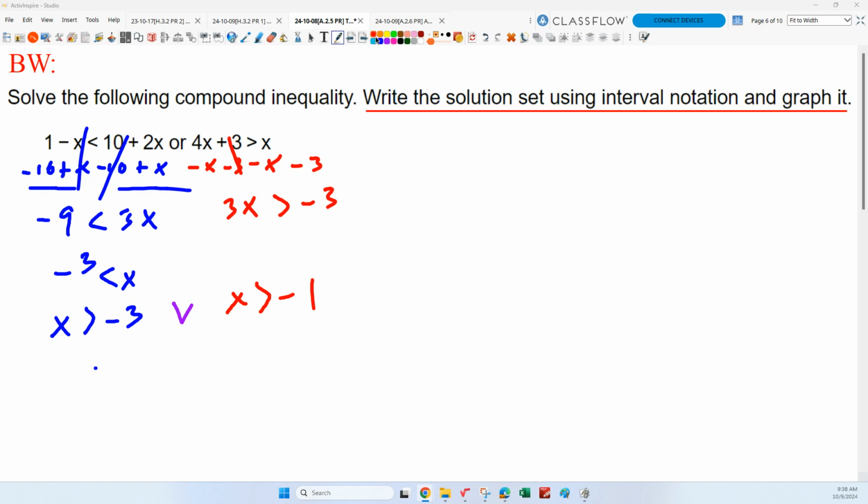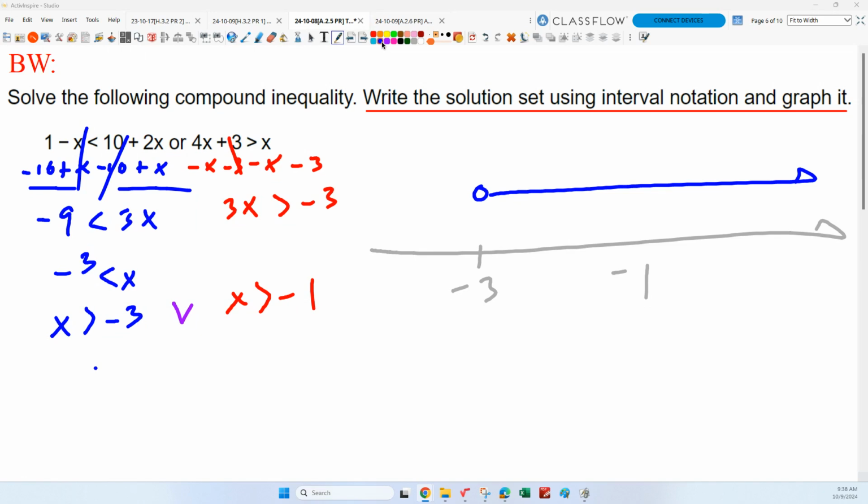So let's graph this thing and see what happens. Our important numbers are negative 3 and negative 1, right? And you guys all would tell me that the graph of x is greater than negative 3 looks like that, and the graph of x is greater than negative 1 looks like that.